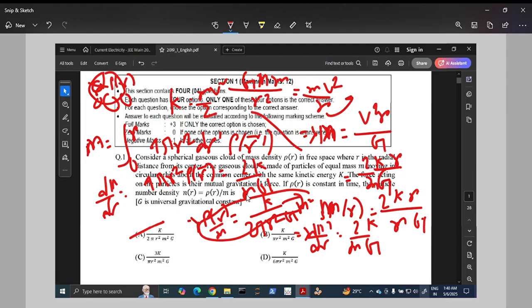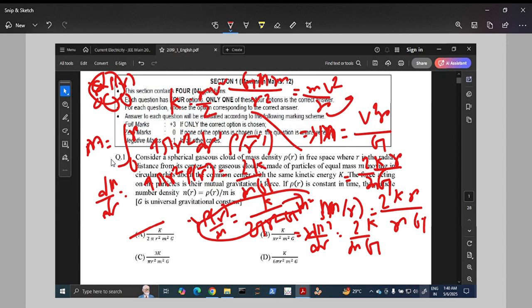So I have to find out rho(r), and from this I have to get n(r). So how to do this? If I differentiate this capital M with respect to small r, I get a right-hand side in terms of rho(r), and my main intention is to find rho(r).